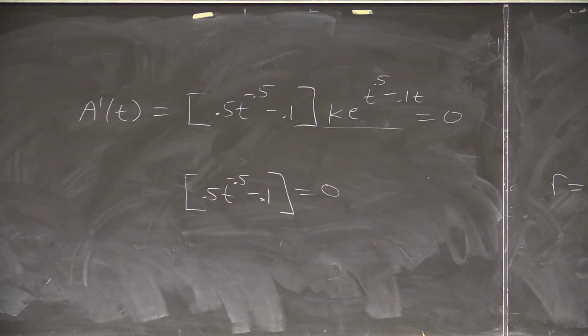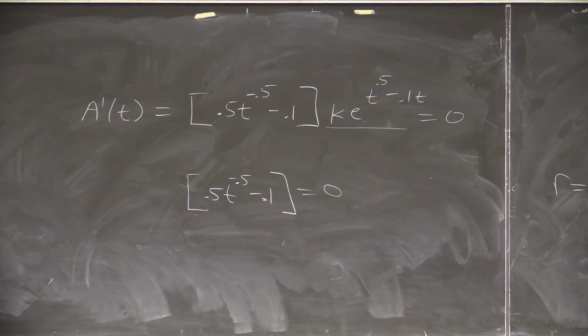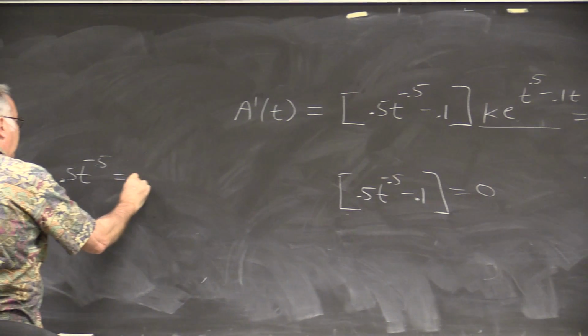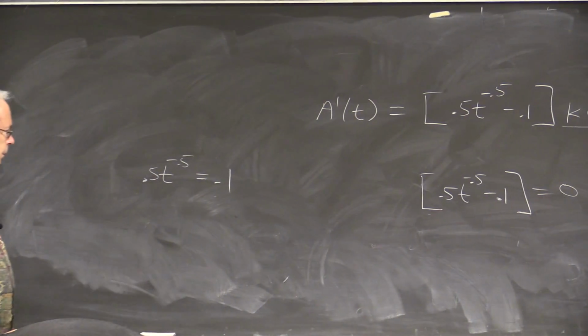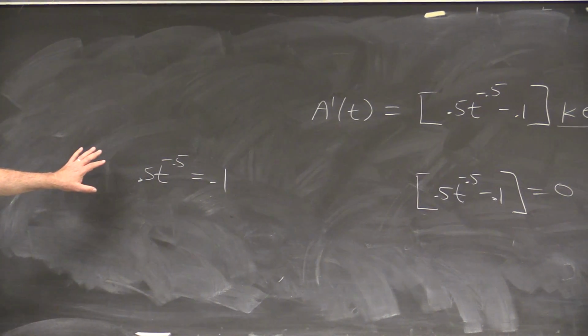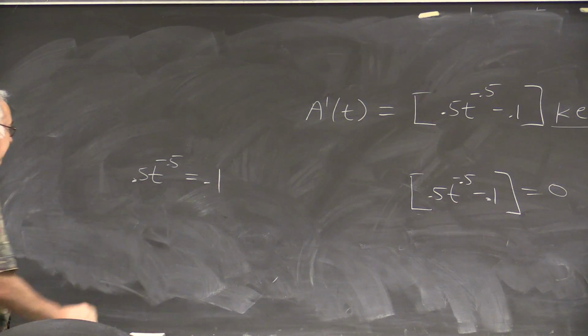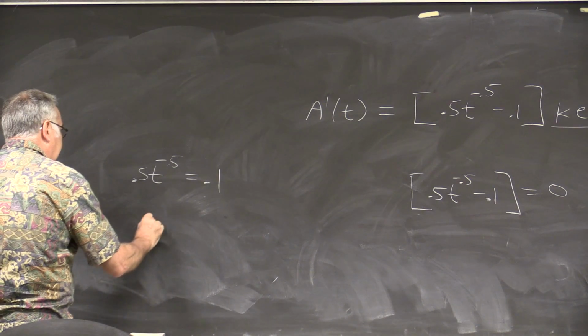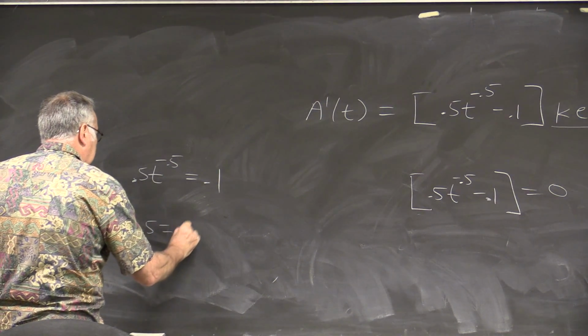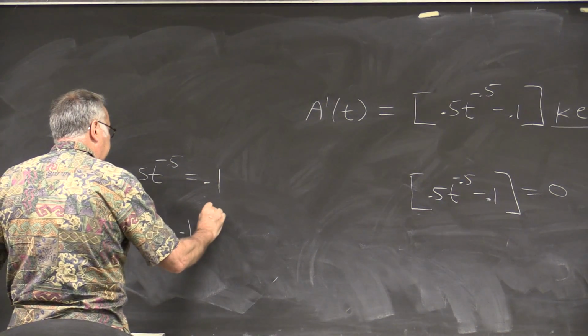So let's solve this equation. This will give us the critical value of t. So we get 0.5 t to the minus 0.5 equals 0.1. I don't like a t to the minus 0.5, so I'm going to multiply both sides by t to the 0.5. And then I get 0.5 equals 0.1 t to the 0.5.